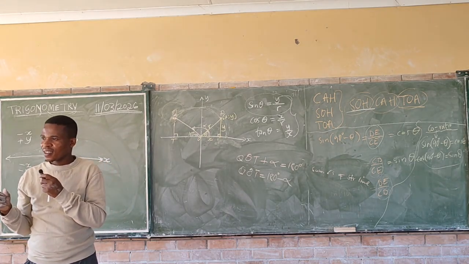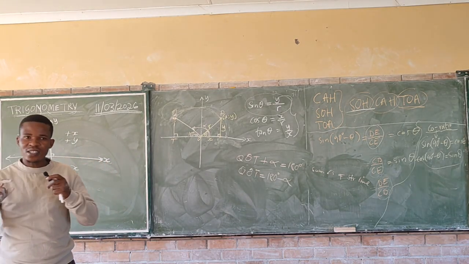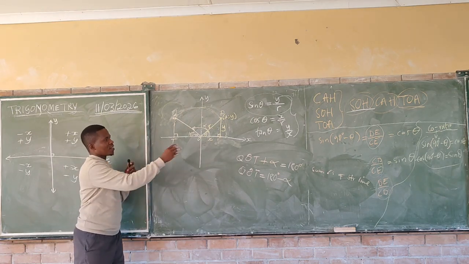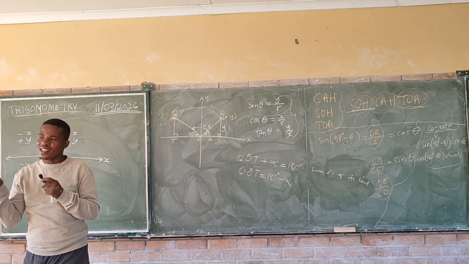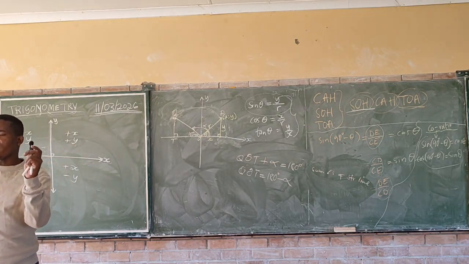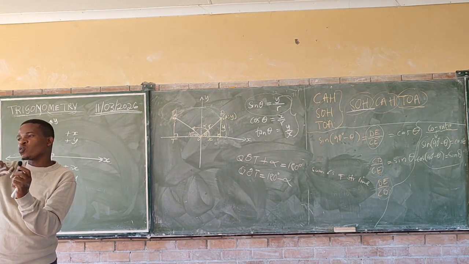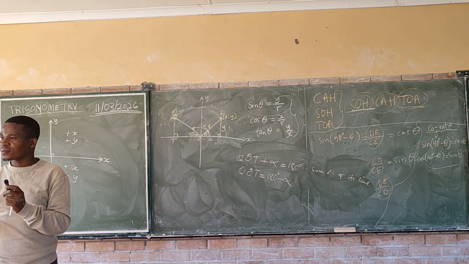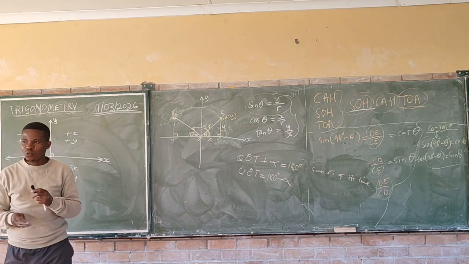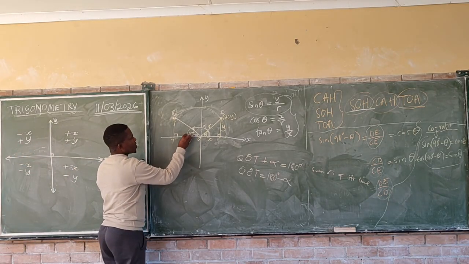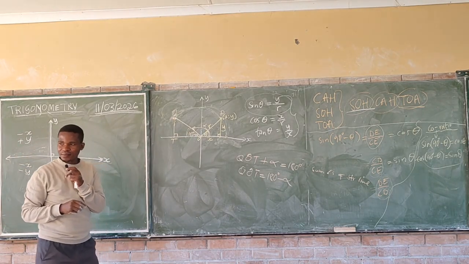I'm taking this 180 and minus this bigger angle that is more than 90. Obviously, what I'm going to get is less than 90, which is an acute angle. And this is the angle that is an acute angle.